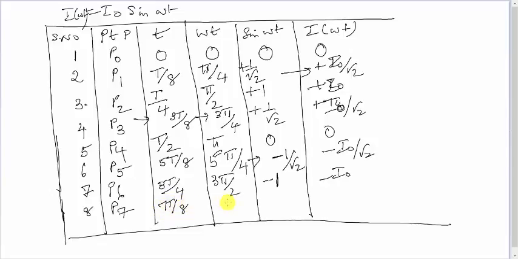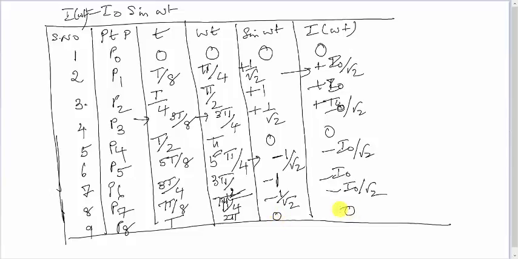And this will become 7 pi by 4. That will be minus 1 by root 2. Sine value in the fourth quadrant will be minus 1 by root 2. So minus I naught by root 2. The ninth column will be P8, and this will be T, and this will be 2 pi, and this will be 0 and this will be 0 as well.